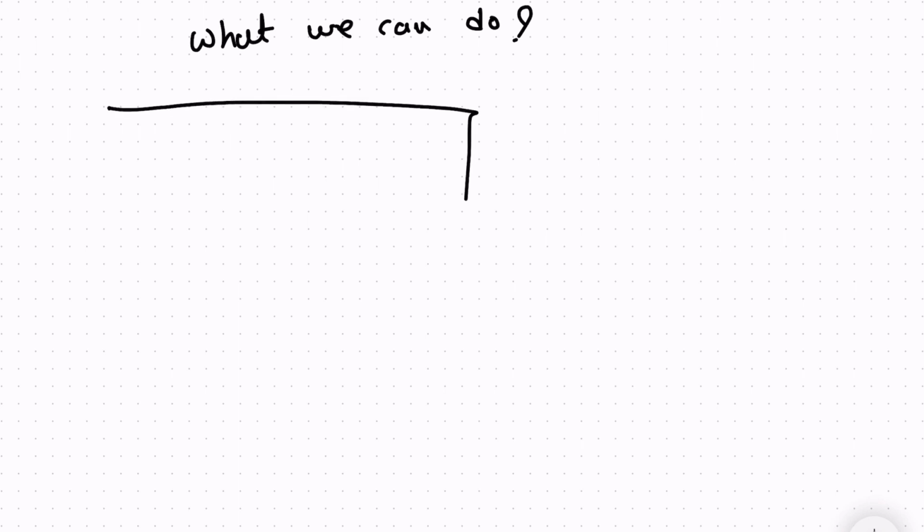What should be the goal of CSS? What can we do with CSS? That is the question you should ask. The goal is that using CSS, you need to create layouts.